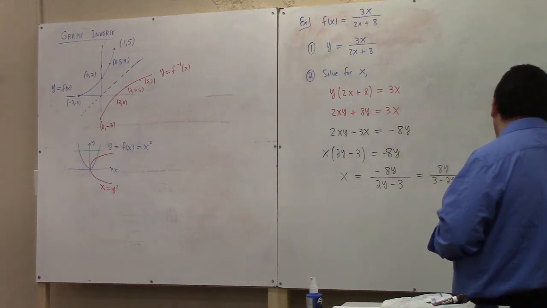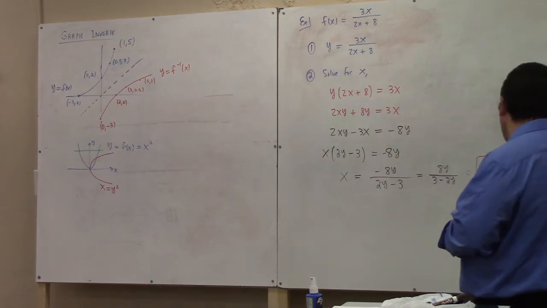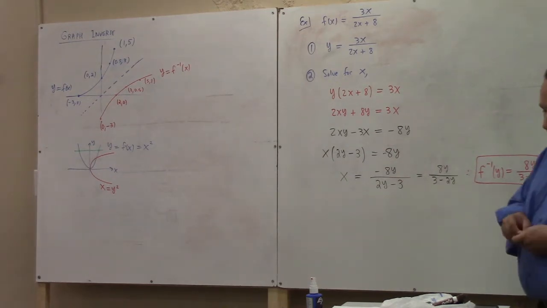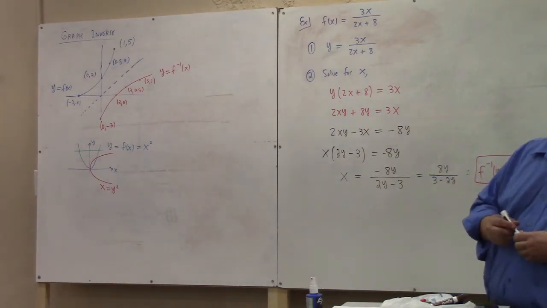Formula I wrote there, but there's the formula for f inverse of y. Here's a fun fact for you. There's an interplay between the domain of the function and the range of the inverse function, right?